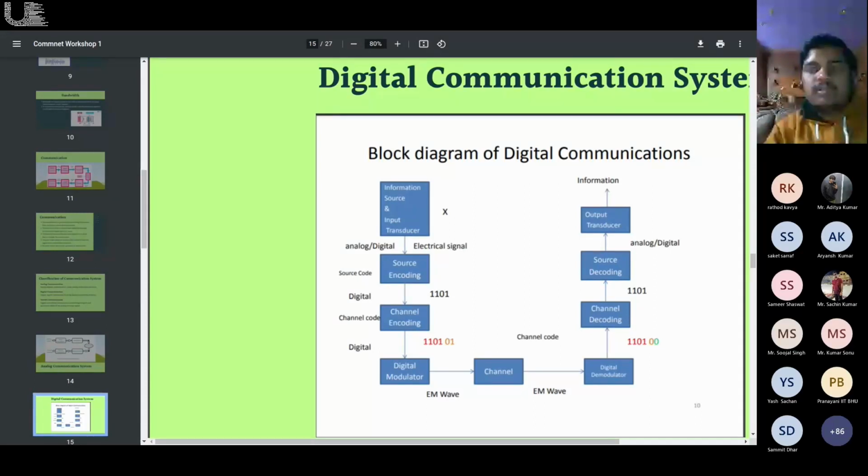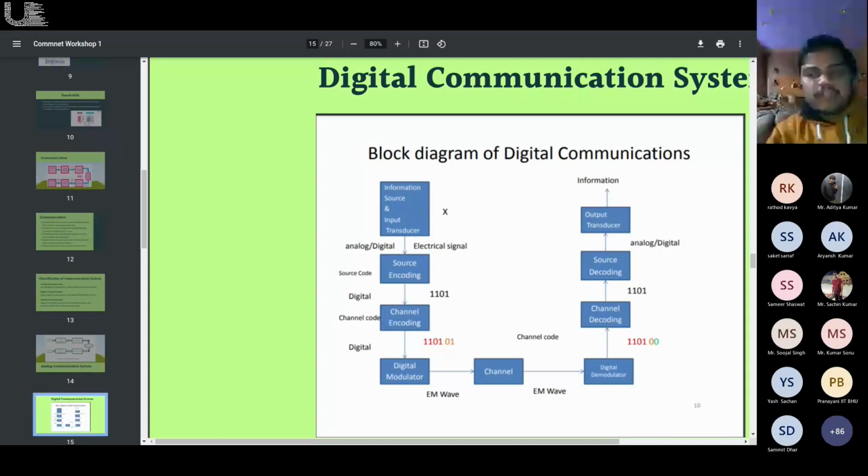Next, we are changing the property of the electromagnetic wave using those digital signals, and then this electromagnetic wave can travel through the channel.